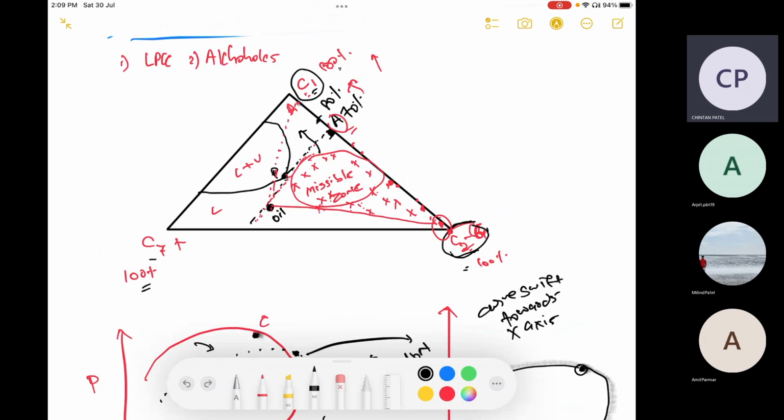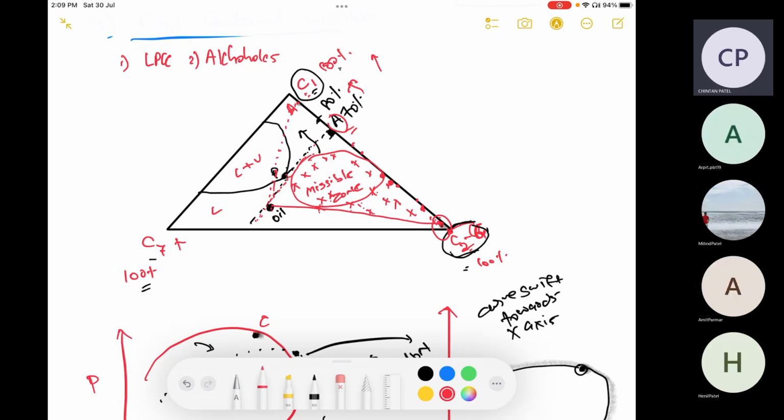Don't confuse: initially we decided it belongs to this, but if impurities are present, then it can lie here or here. That totally depends on the composition and purity of LPG. So A is again a solvent itself here, and this is the explanation for the maximum condition required to explain first contact miscibility.